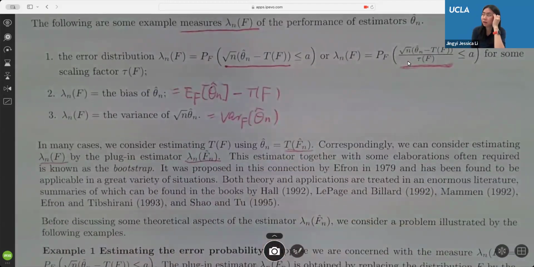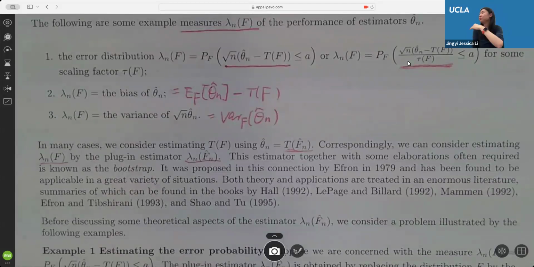Same idea, but now we're not plugging into the parameter to get an estimator, but plugging into the performance to get a performance estimator. You see the same argument. And this estimator, together with some elaborations often required, is known as bootstrap. So bootstrap in a high-level sense is doing plug-in: we're trying to use the sample to estimate some performance measure of an estimator.